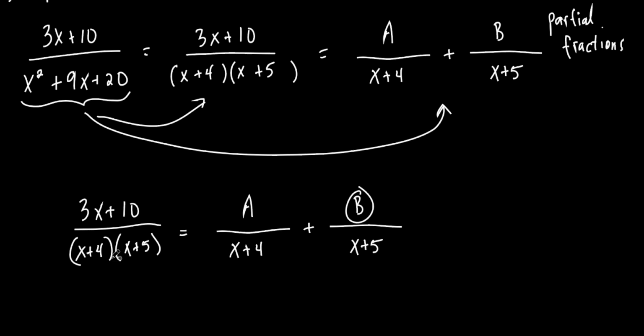Just x plus 4 times x plus 5. That's right. So I'm going to multiply this by x plus 4, x plus 5. I'm going to do it to this, x plus 4, x plus 5. I did this to both things on the right-hand side, so I got to do the same thing over on the left-hand side.